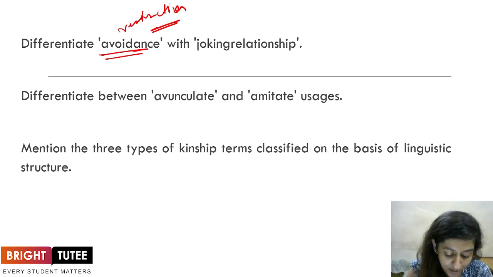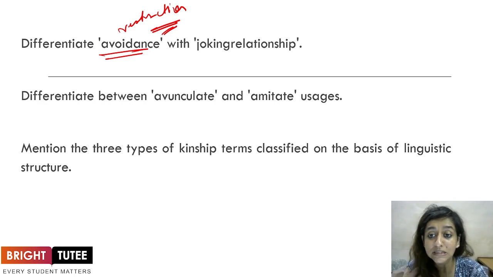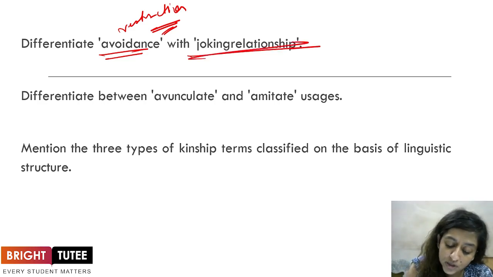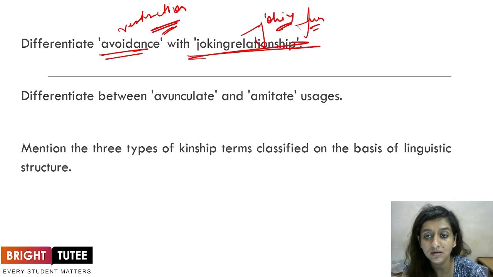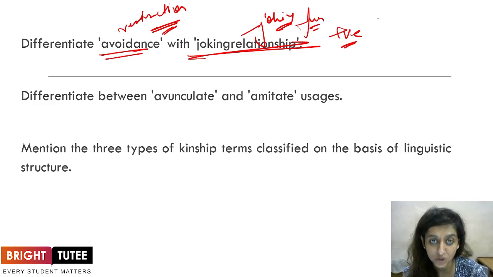For example, in the daughter-in-law and father-in-law relationship, direct interaction is avoided. In joking relationships, the joking or fun part in certain relationships is taken in a positive spirit. For example, the husband and the wife's sister, and the wife and the husband's brother, are known as joking relationships.